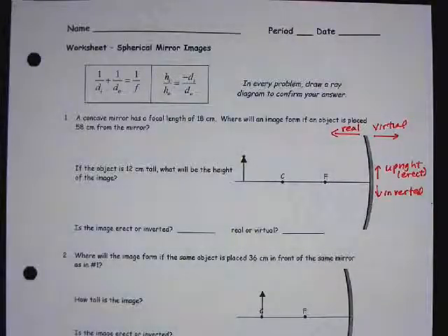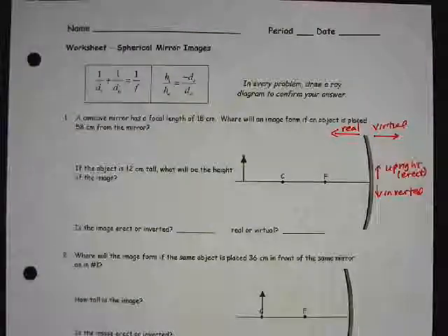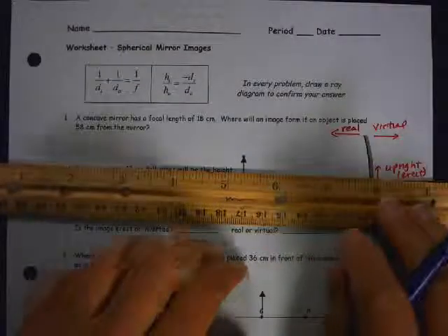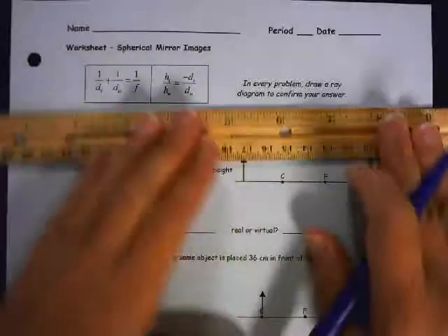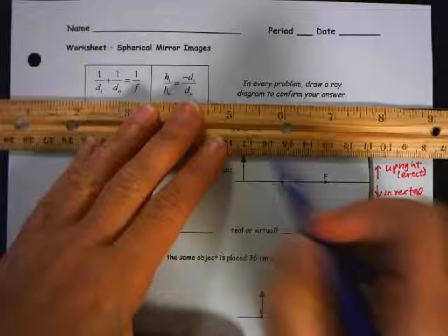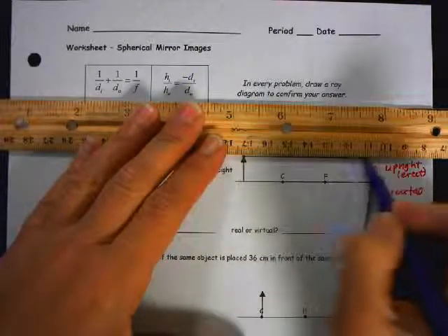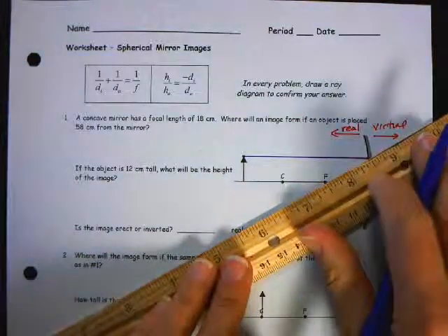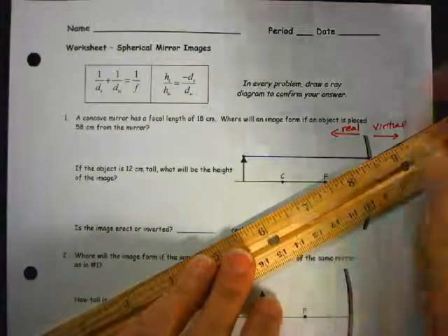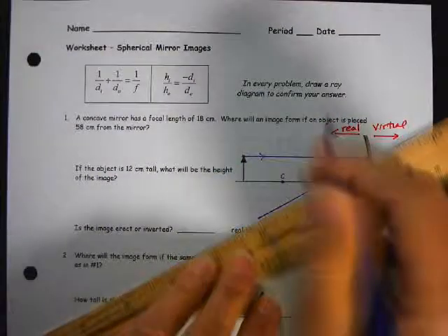So there's 3 rules. Rule number 1 is you go parallel through F, so we'll do that one first. So rule number 1, we go parallel. Once we hit the mirror at that point, then we go through F. So that's rule number 1.